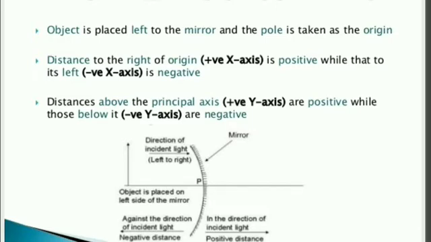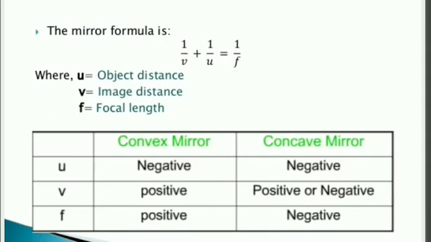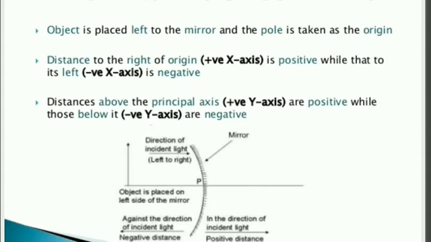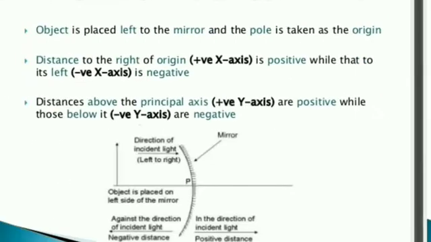Then distances measured perpendicular to and above the principal axis are taken as positive along the y-axis, and distances measured perpendicular to and below the principal axis along the y-axis are taken to be negative. So all these are the sign conventions which you have to follow. These sign conventions are applied to obtain the mirror formula and to solve other related numericals. So I think the sign convention is clear to you.